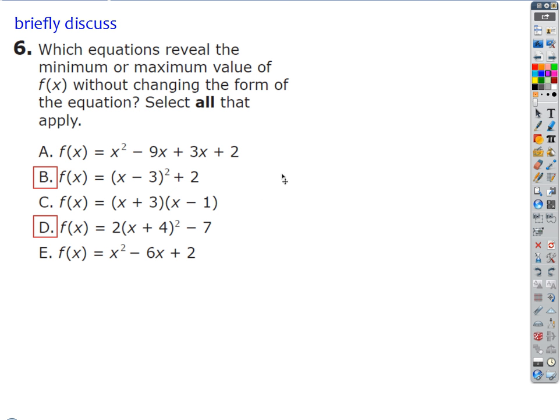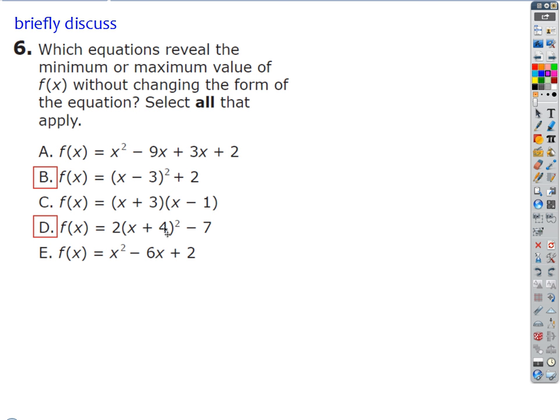Okay, what about this? Which equations revealed the minimum or maximum value for f of x? We could graph these, but these are all going to be parabolas, aren't they? Everybody agree that that's got an x squared in it, that's got an x squared in it, an x times an x is going to give you an x squared, right? But these ones right here are written in a form that makes sense.